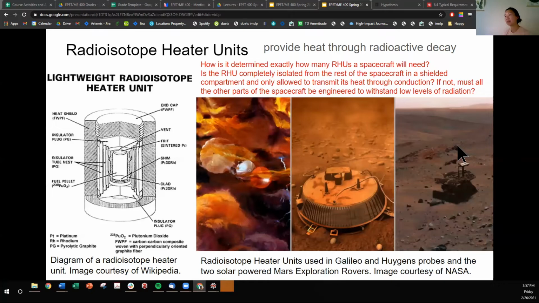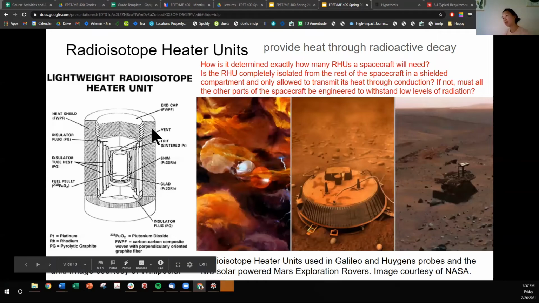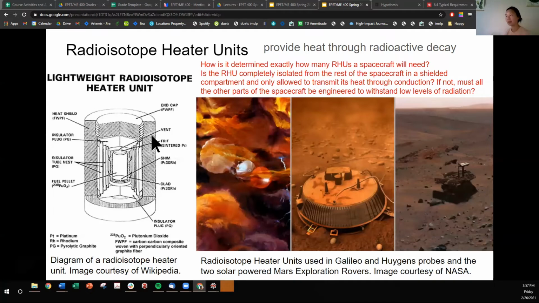I think conduction is certainly a way that the RHU can transfer heat. Now, when it comes to heat radiation, given that this RHU is going to be warmer than the rest of the body, there is definitely going to be some kind of radiation. The heat is emitted at infrared.